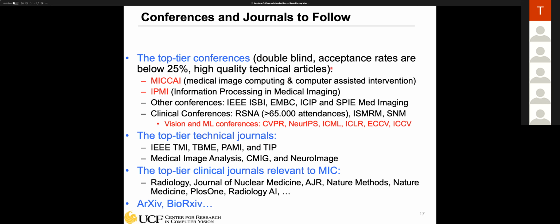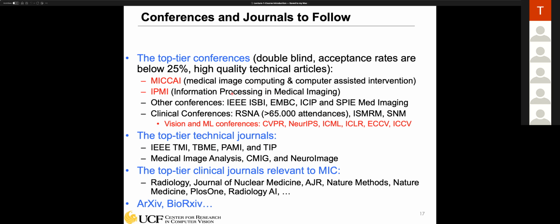That's called double blind, just to make a very objective judgment of the paper. The acceptance rates are very low, typically below 25%, and some conferences can be lower than 20%. So they are high quality technical articles.